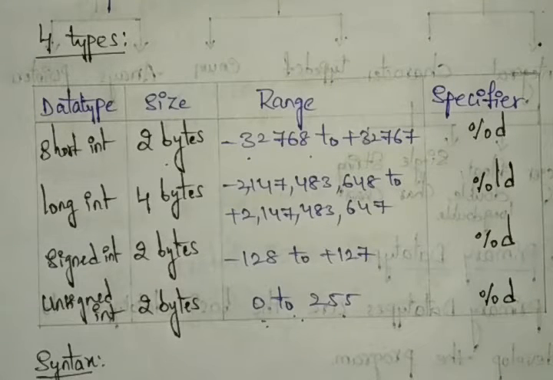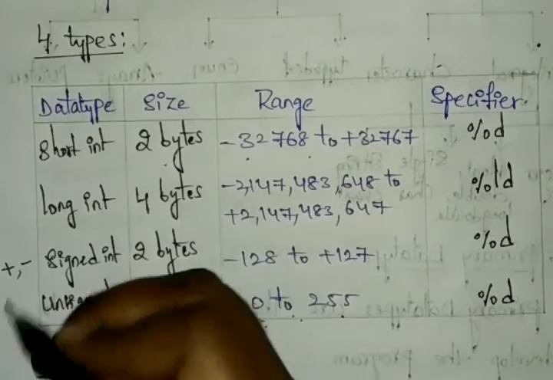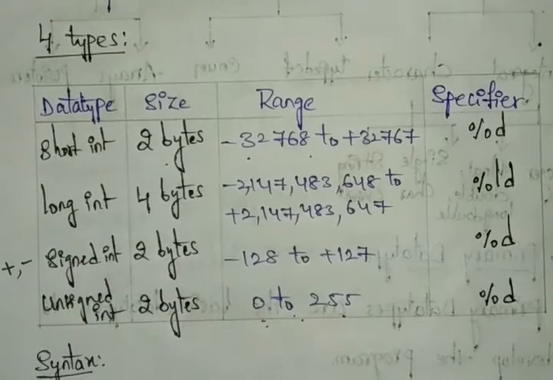Unsigned means it will not have any signs; automatically it takes positive values. Signed means you can use plus or minus. Unsigned, by default, takes positive values only.